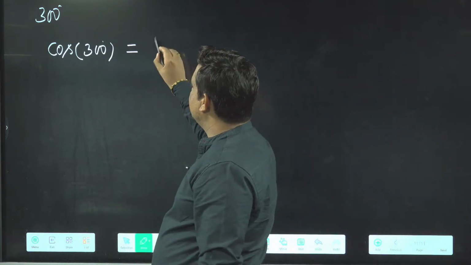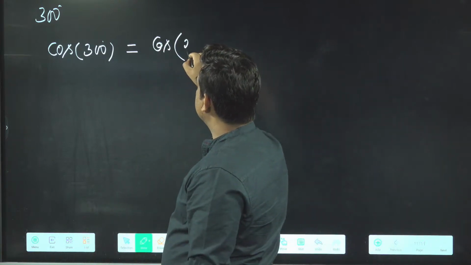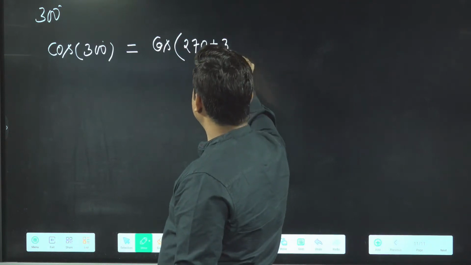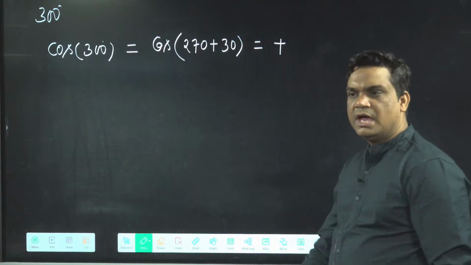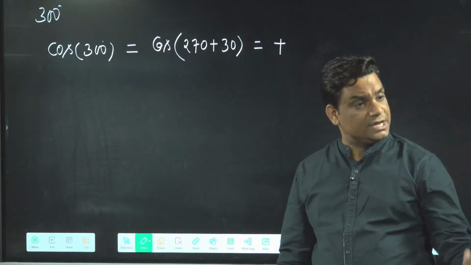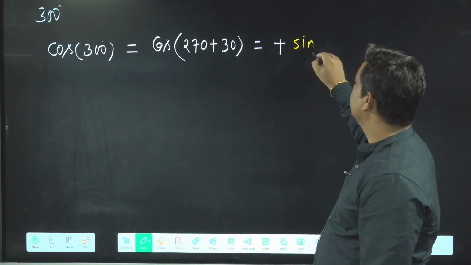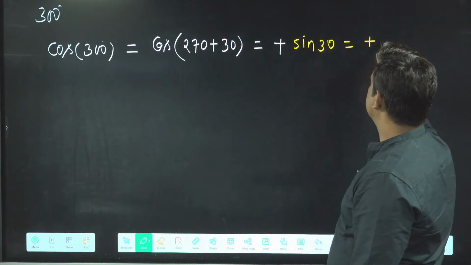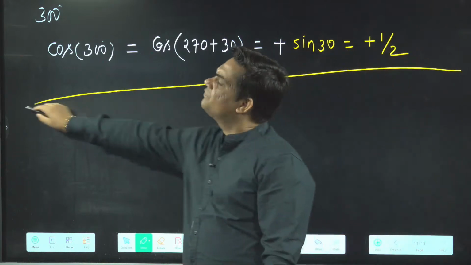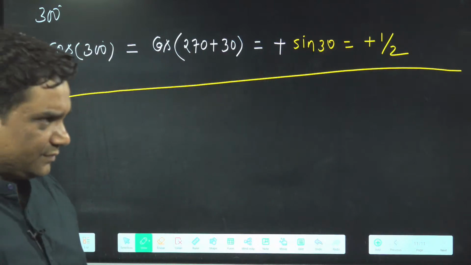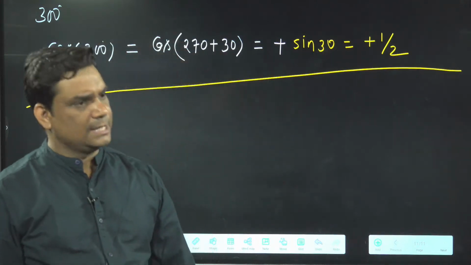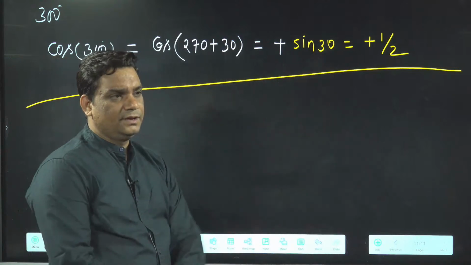We can write this as cos of 270 plus 30. Now we know this is the fourth quadrant, which is going to be positive, and because of 270 it is going to change, so we write plus sine 30. That becomes plus half. The remaining 5 you need to solve. You will solve for tan as well as sine. Can we go for the next?